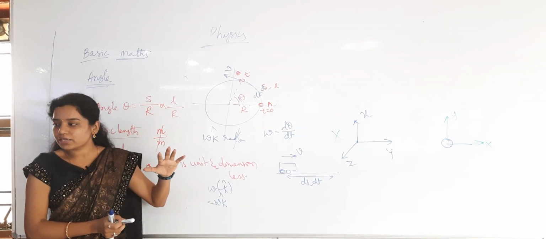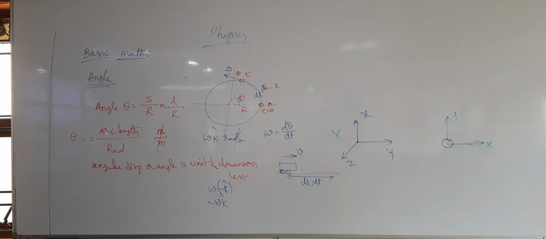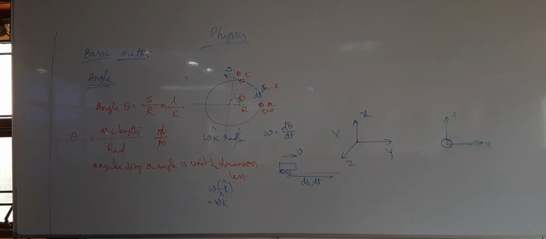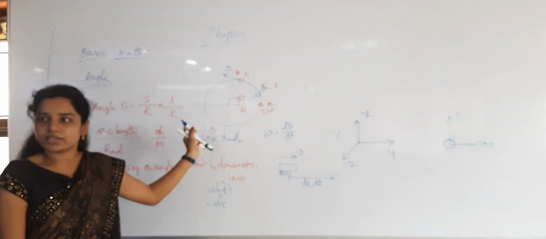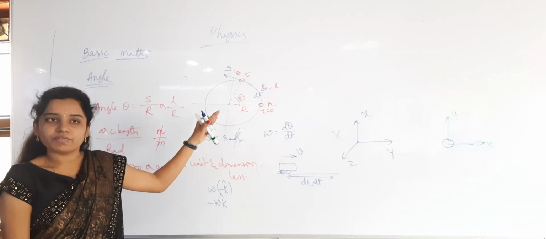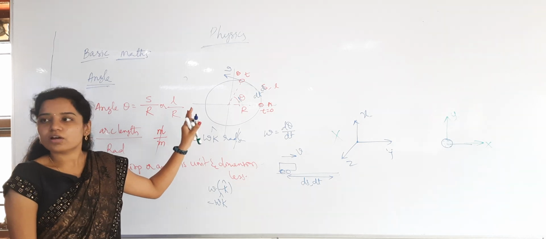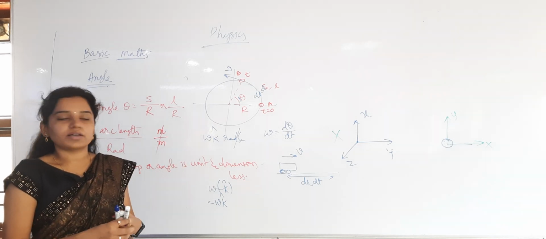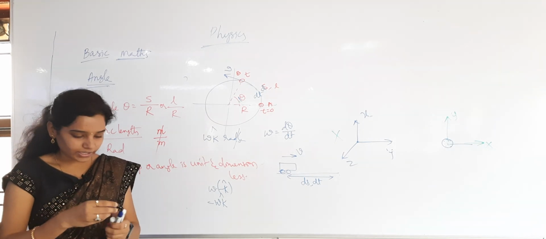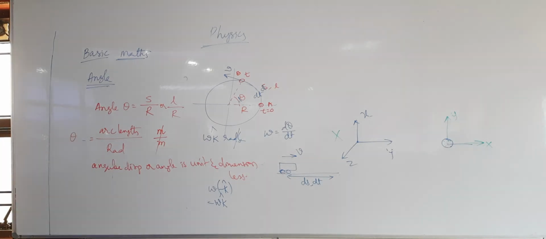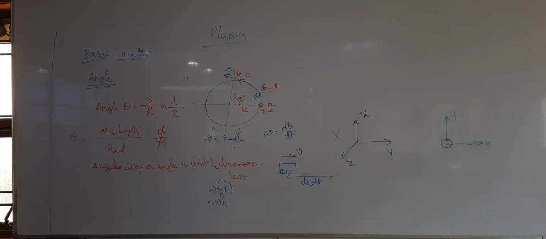So what you can say? When the body is moving in anti-clockwise direction, the angle will be positive. Whenever the body is moving in the clockwise direction, the angle will be negative. Write those 2 points.